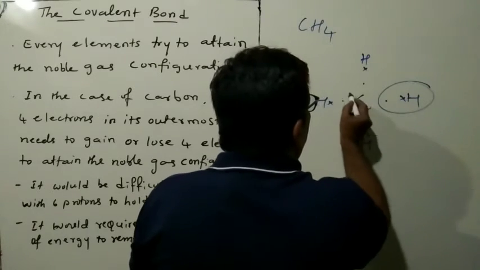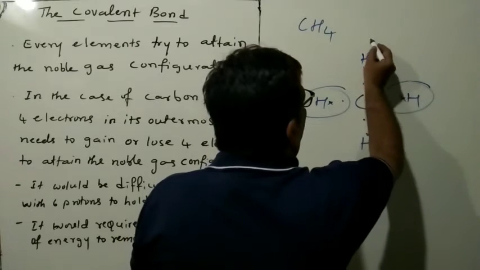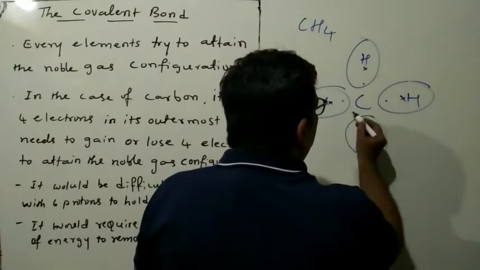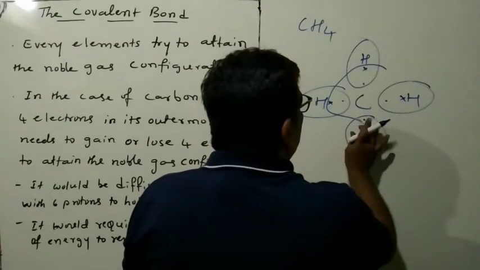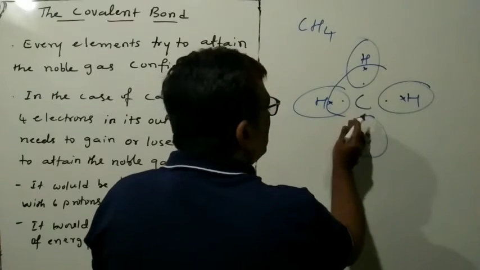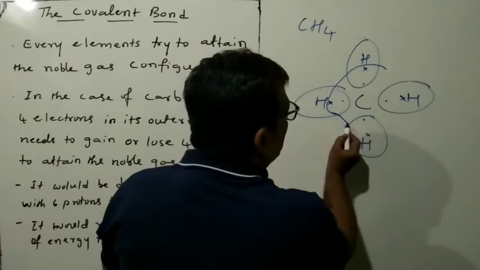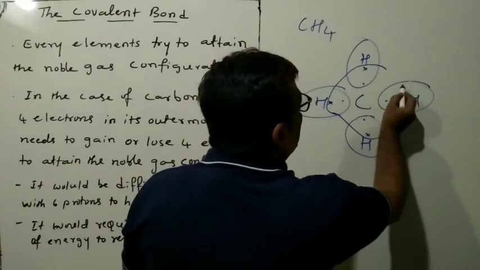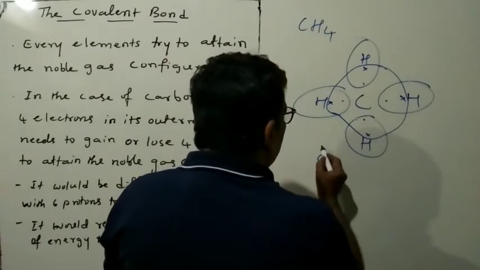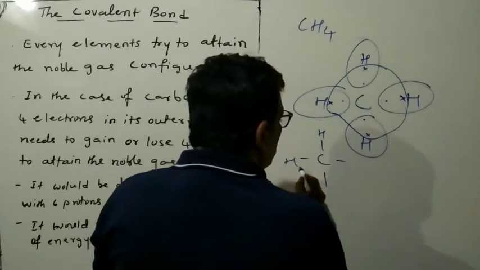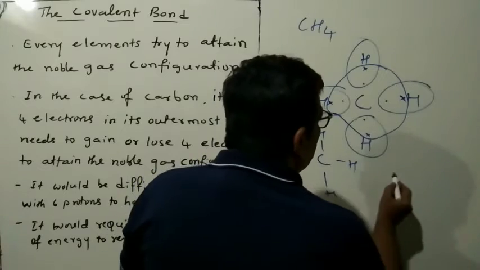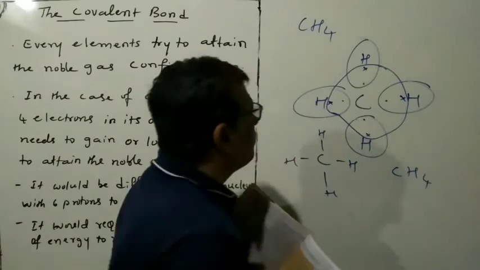So like this way here and here and here and here. Then so like this. So this formation is, you see this one. So like this way, C bond H. So like this, CH4.